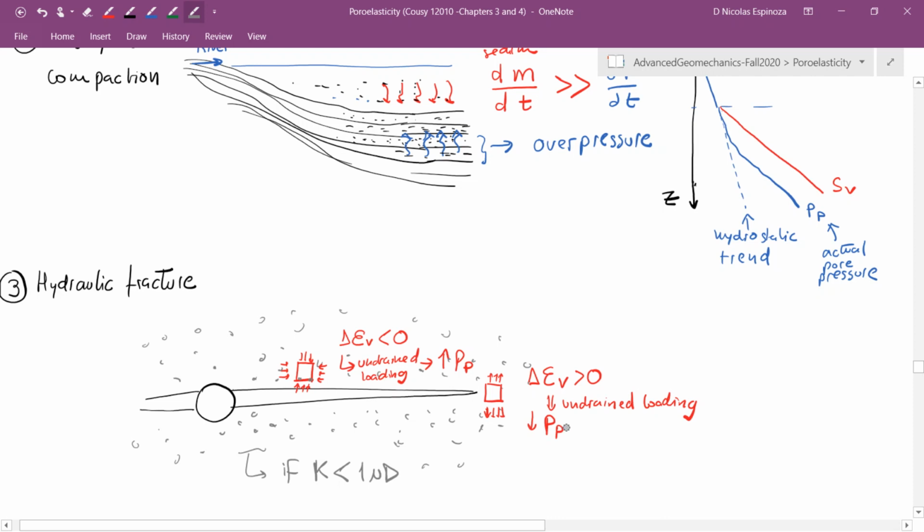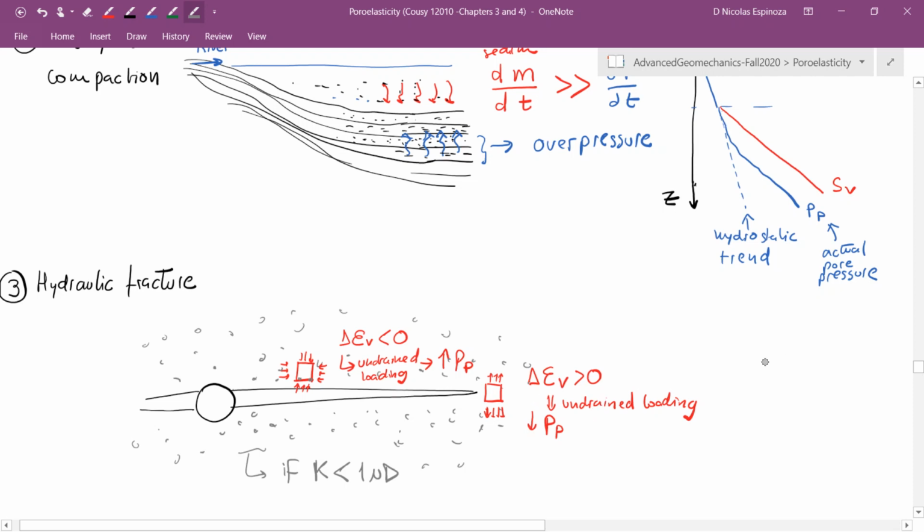Something that really cannot happen, but the pressure could be so low that you could decrease the pore pressure. Sometimes even some people say that you could cause cavitation at the tip of the fracture by this undrained loading in extension. But most likely you're just going to lower the pressure at this region.